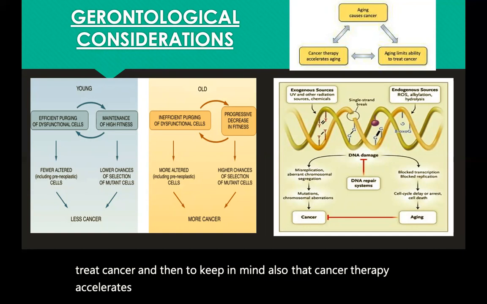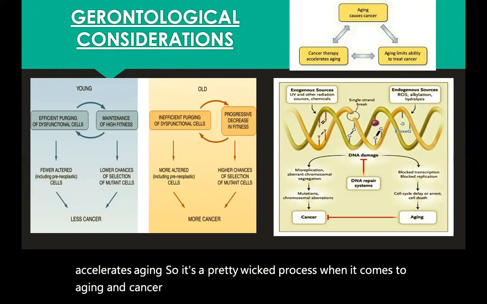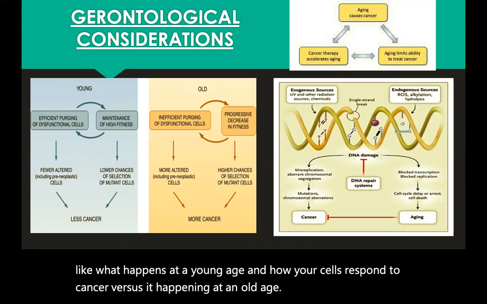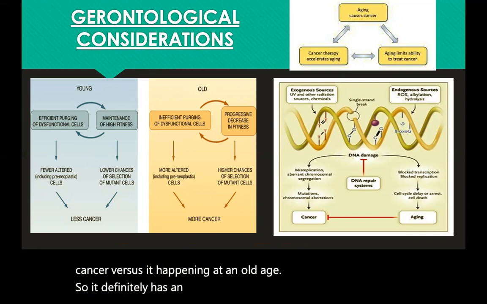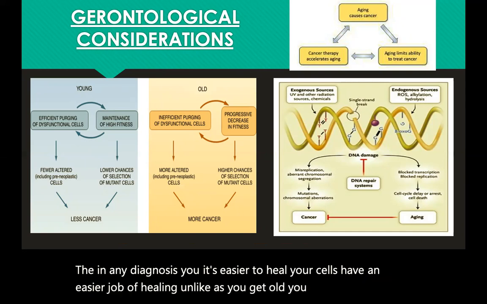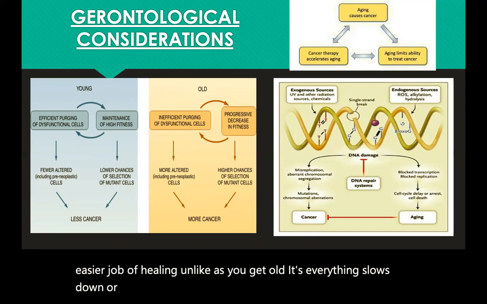So it's a pretty wicked process when it comes to aging and cancer. In this diagram, it really goes into what happens at a young age and how your cells respond to cancer versus it happening at an old age. So it definitely has an effect. The younger you are, in any diagnosis, it's easier to heal. Your cells have an easier job of healing, unlike as you get old, when everything slows down or decreases.